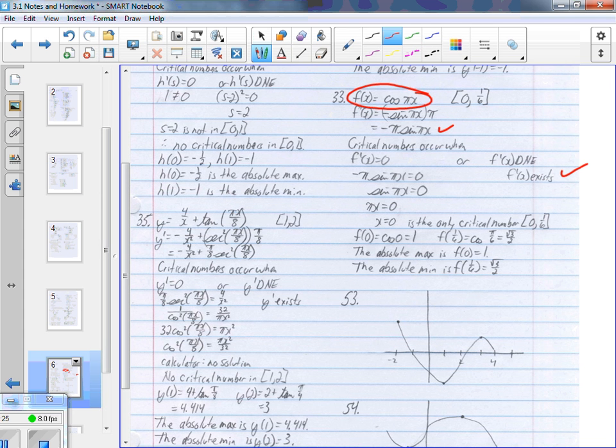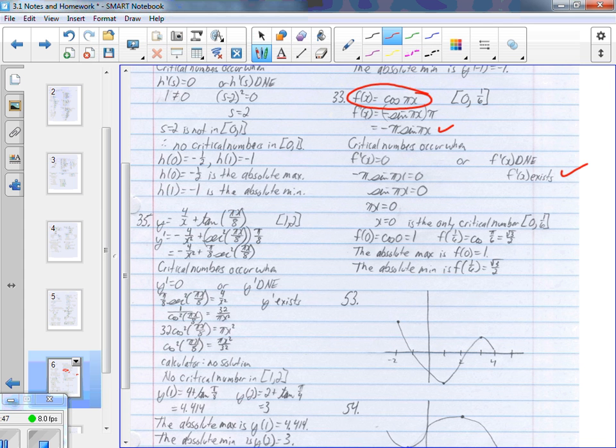All right, I want to take a look at number 53. The directions for 53 say this. Graph a function on the interval from -2 to 5 having the given characteristics.